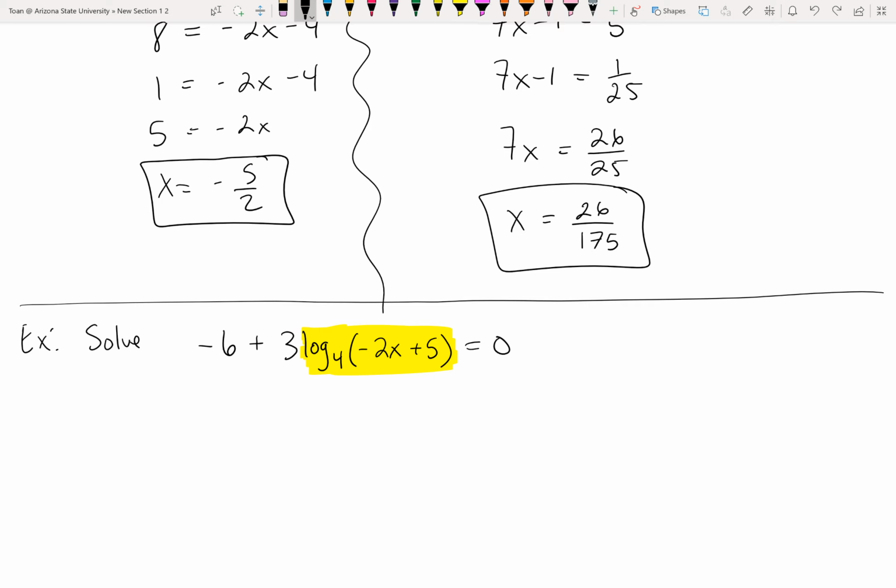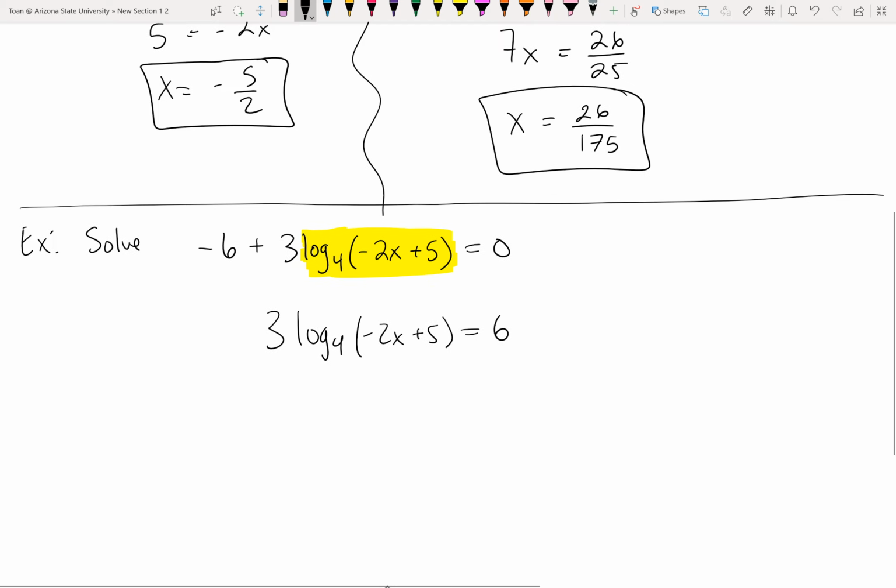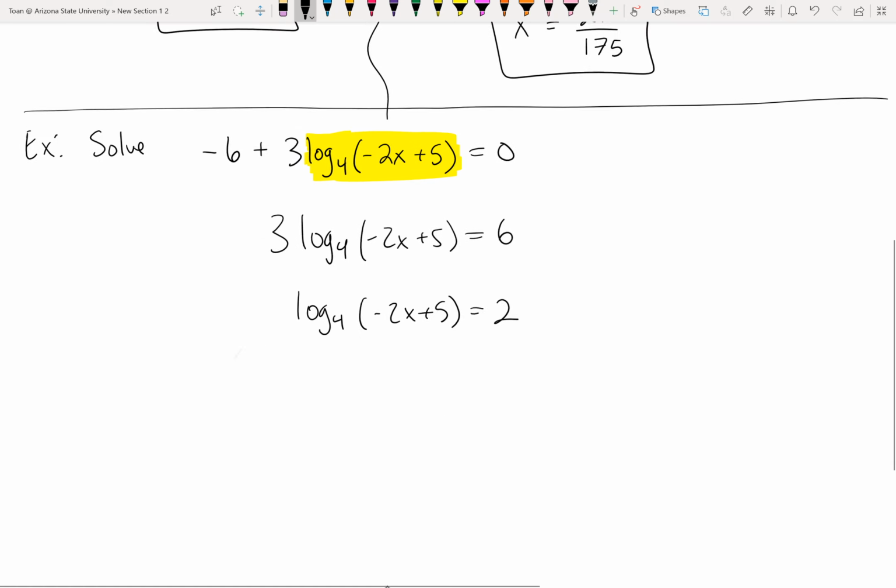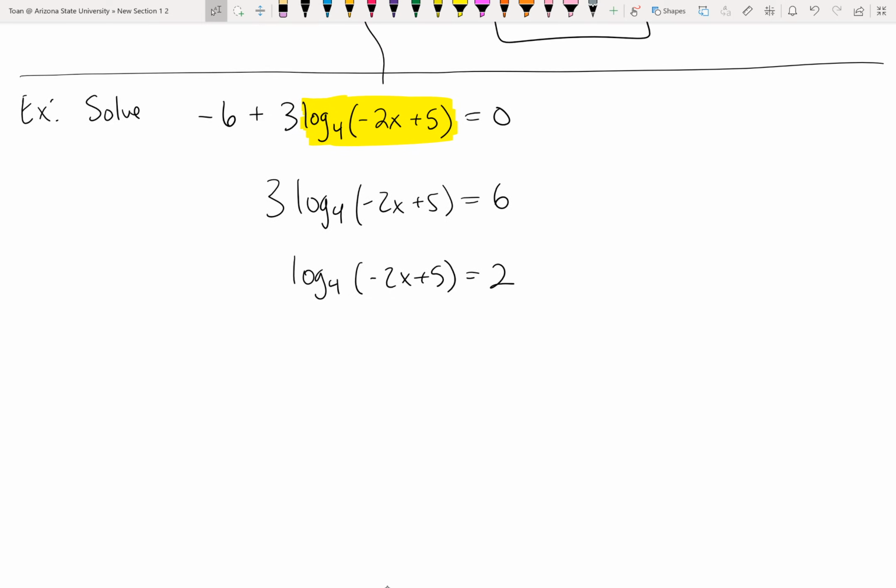To get rid of the negative 6, we're going to add 6 to both sides. And then to get the log by itself, to get rid of this 3, we're going to divide both sides by 3. Then it becomes just like the previous examples. Solving for x, get rid of the log. You either exponentiate both sides with base 4, or let's just go ahead and use the definition.